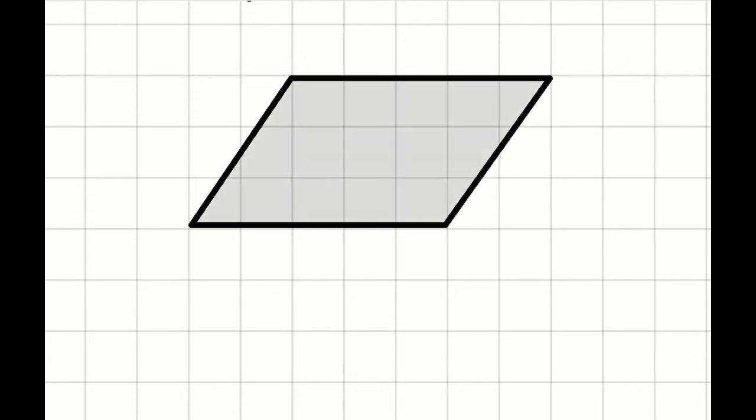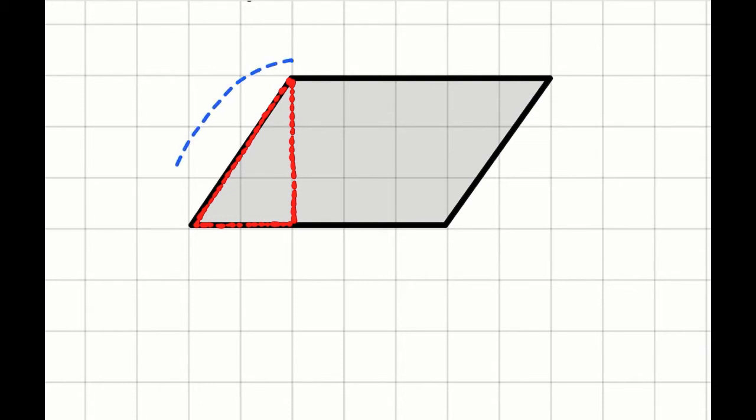Okay, so there's my parallelogram, and what I'm going to do is cut this parallelogram up a little bit. I'm going to cut this end off the parallelogram right here, that triangle piece. I'm going to cut that triangle piece off there.